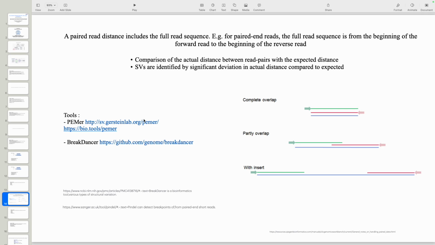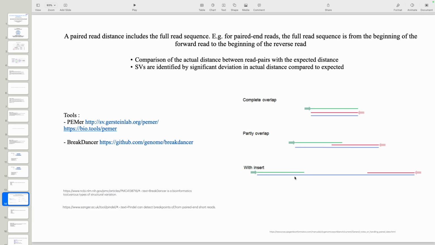So what is basically happening here? A paired read distance includes the full read sequence. For example, for paired-end reads, the full read sequence is from the beginning of the forward read to the beginning of the reverse read.